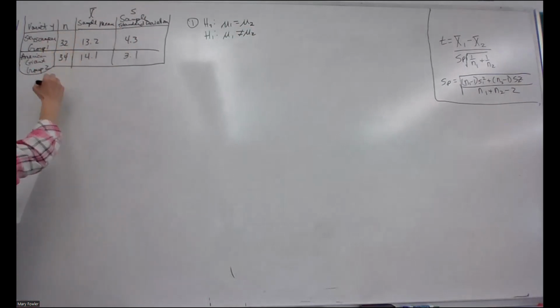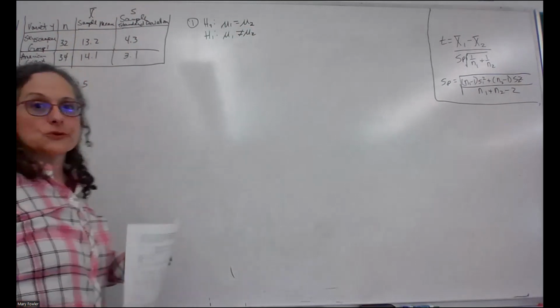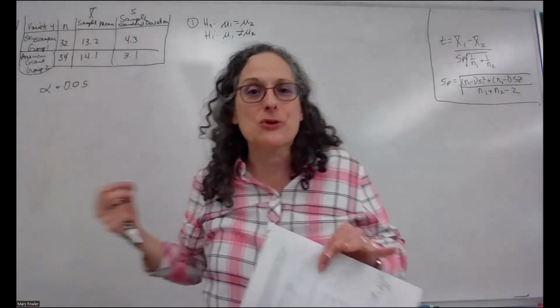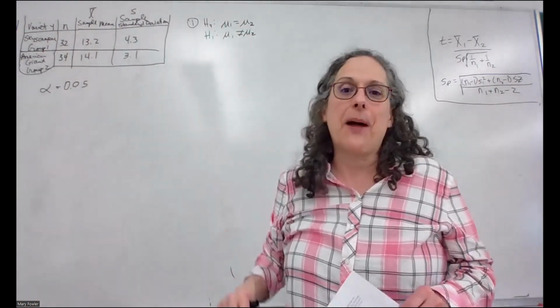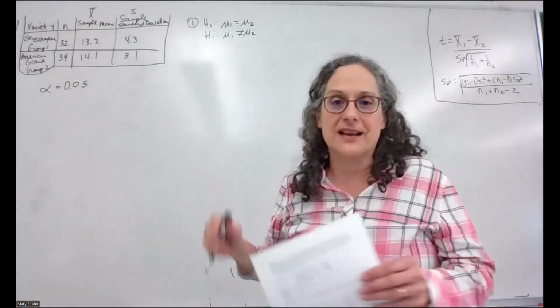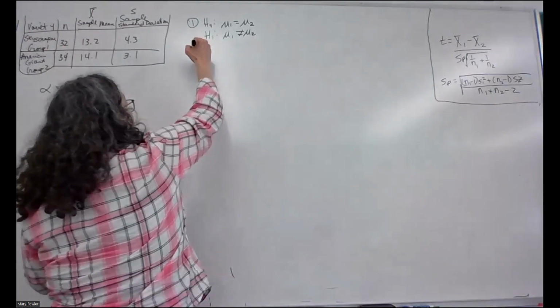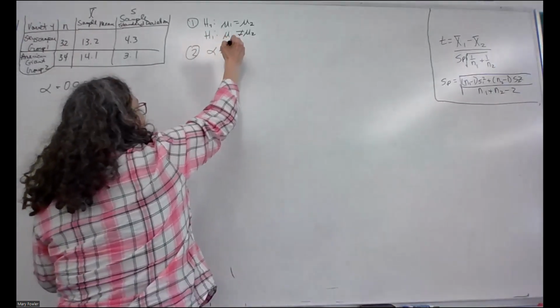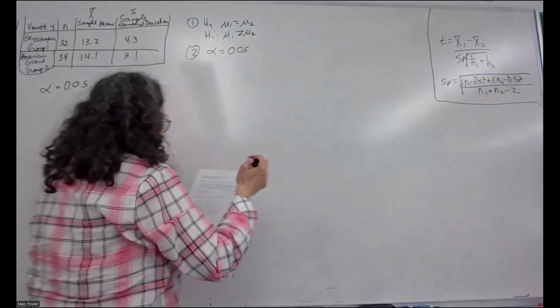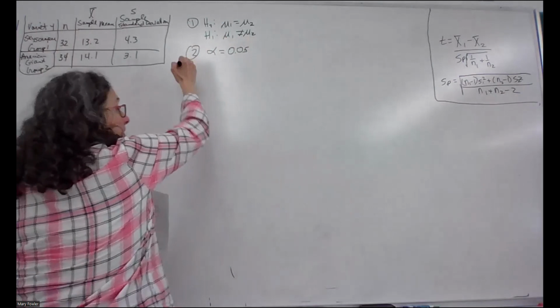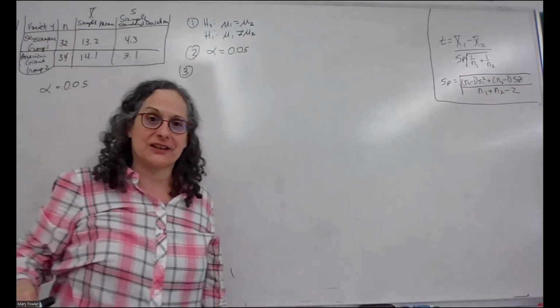So the only thing that we have to remember is that alpha equals 0.05. That's the only piece we usually pull out before we get started with the whole 6-step hypothesis testing process. Okay, so step 2, the statement of the significance level, alpha equals 0.05. Step 3 is the calculation of the test statistic.